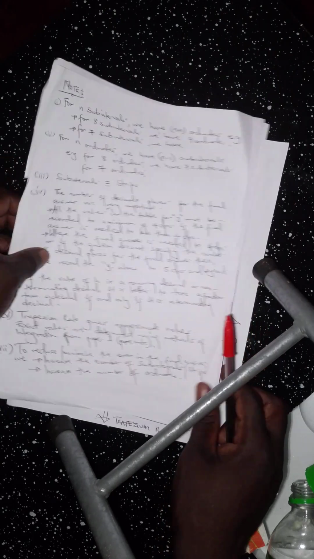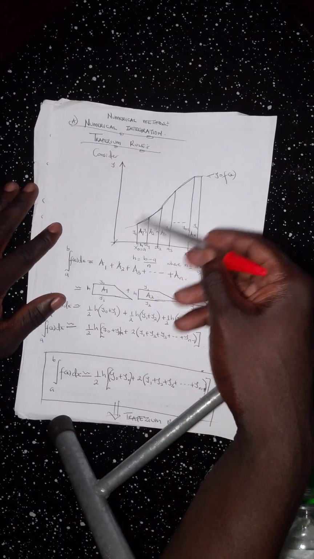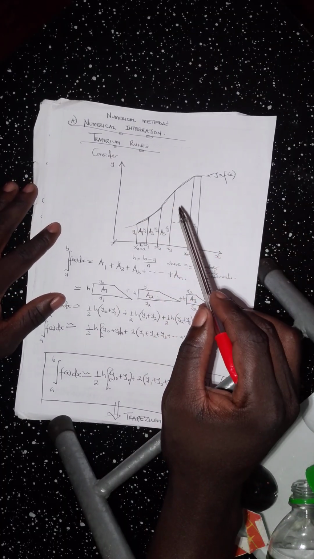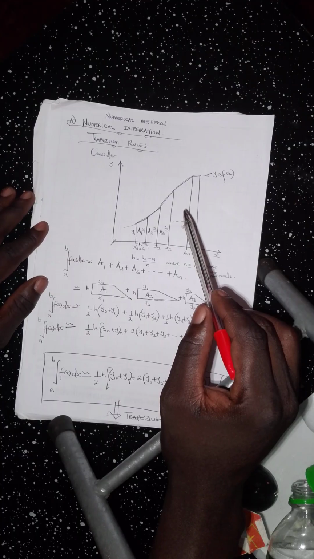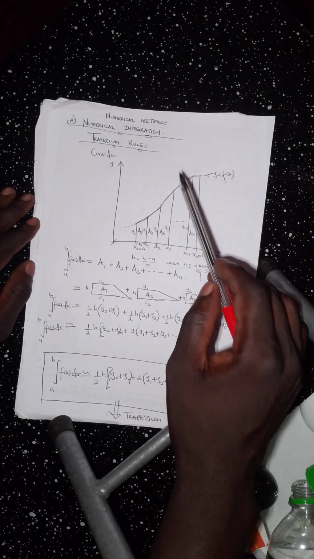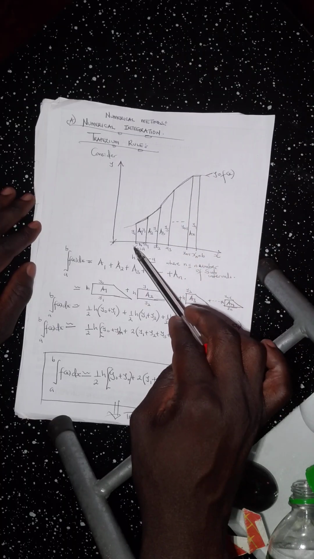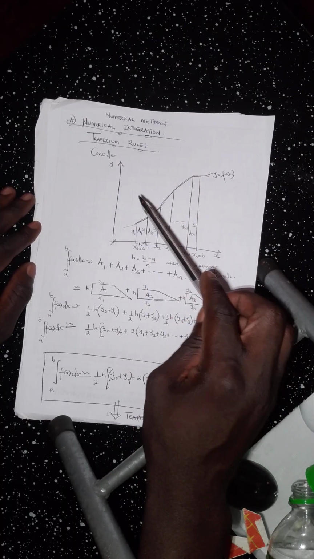So we said yesterday that if this is a curve, y is equal to f of x, and you wish to find the area which is bounded by this curve and the x-axis from x is equal to a to x is equal to b.